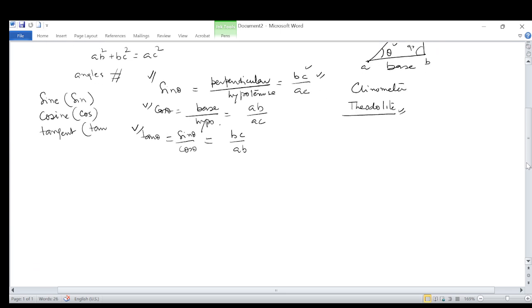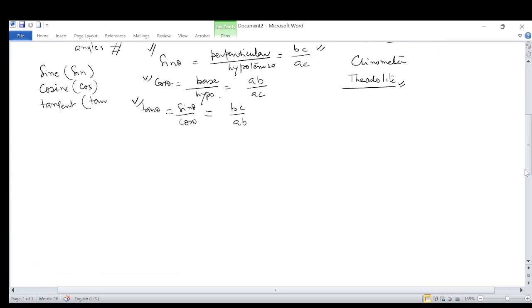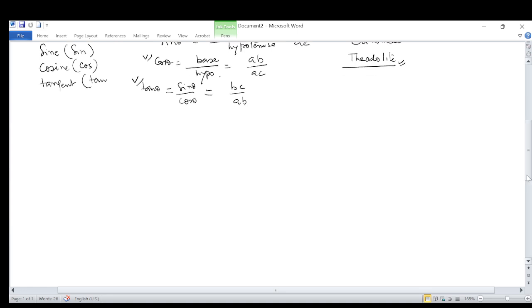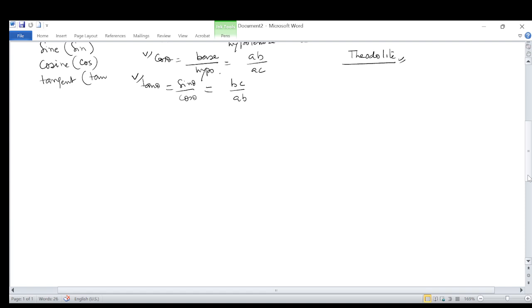Now the second part: you understand what sine theta, cos theta, and tan theta are. The reverse of these also exists. The inverse of sine is cosec, of cos is sec, and of tan is cot.